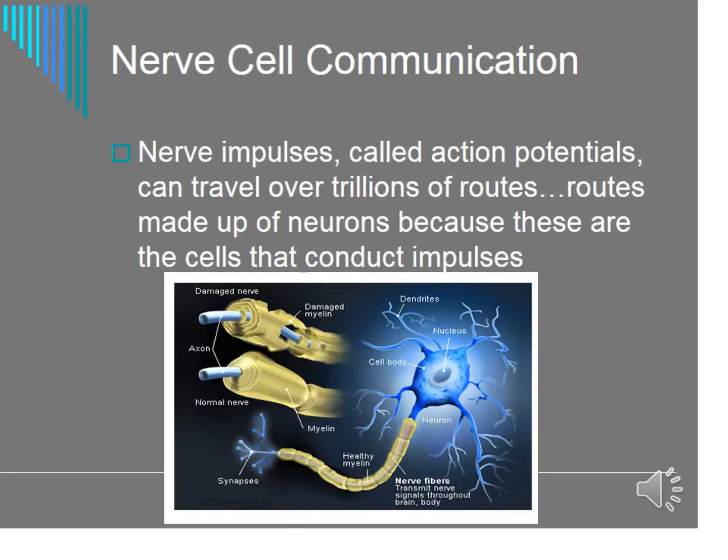Nerve impulses, which we refer to as action potentials, can travel over trillions of routes, routes made up of neurons, again. And if you think about action potentials, we also refer to the electrical impulse in the heart that caused contraction and relaxation as action potential.